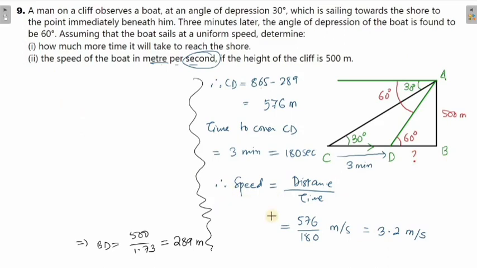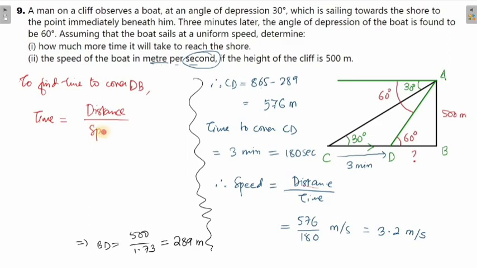So now the second part. Time to cover distance of BD, or DB. To find how much time is required to cover DB, we need distance and speed. From this formula, time equals distance by speed.